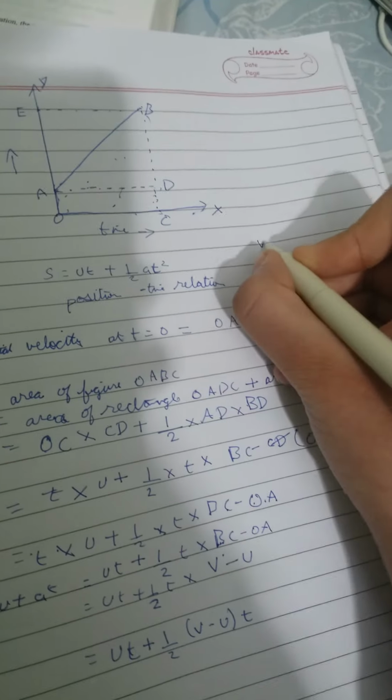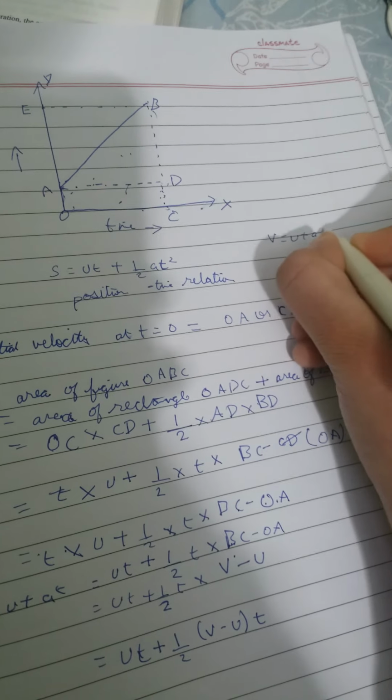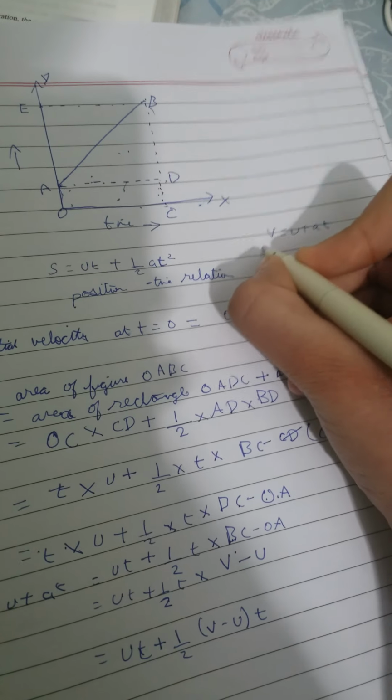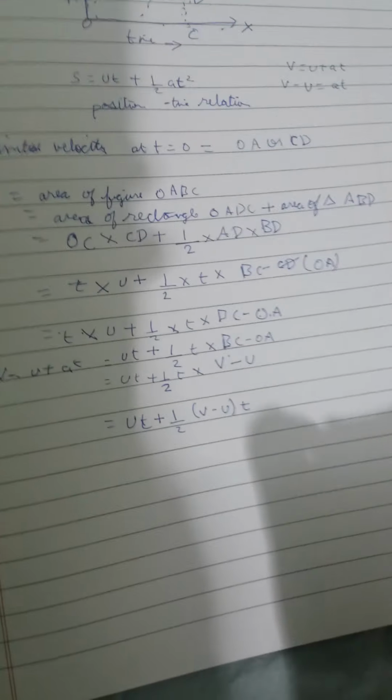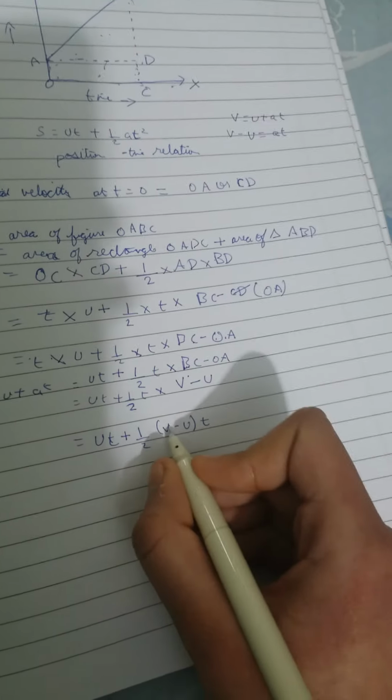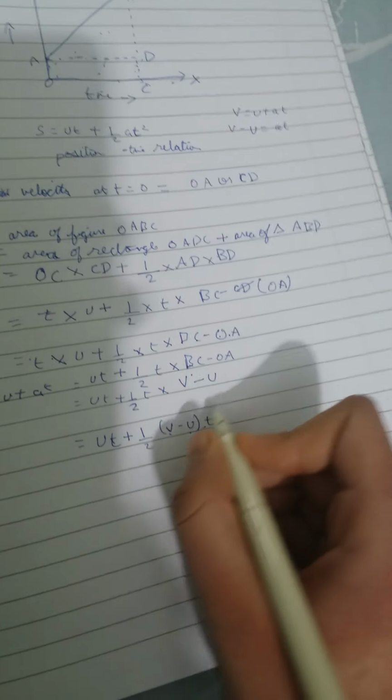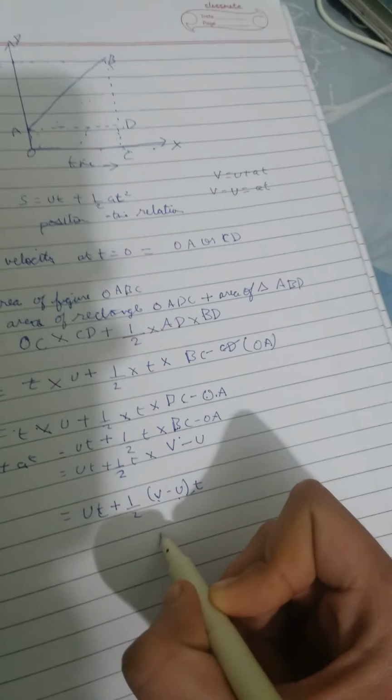According to the first equation, we can say that v is equal to u plus at, or v minus u is equal to at. So here we have v minus u, and we can put the value of v minus u here.